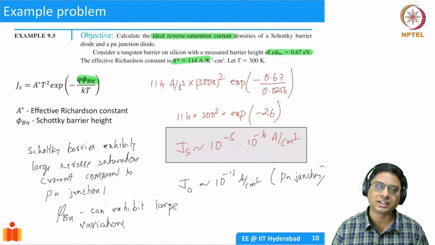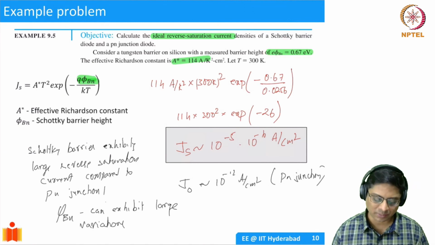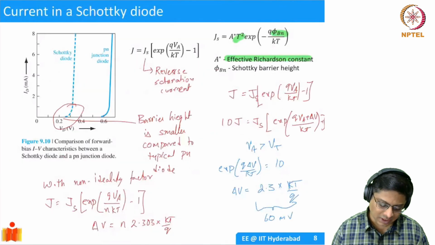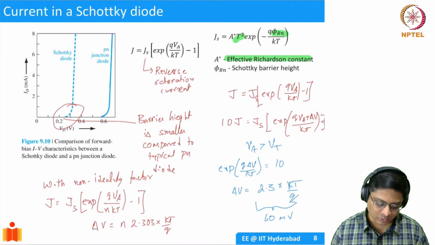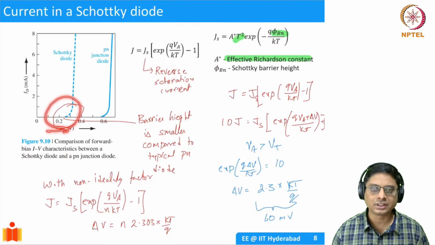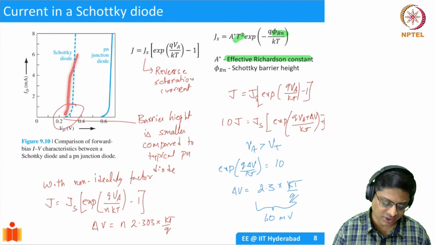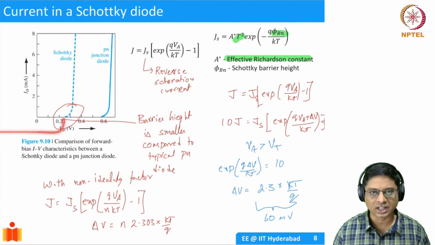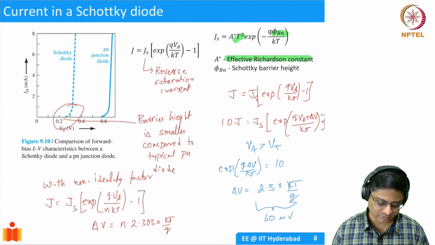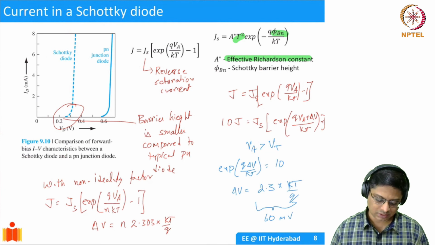It depends on the material, metal and semiconductor, what type of interface we are talking about. The voltage at which it turns on is generally much smaller, and you have a large change in the current. In the reverse saturation, you have a large saturation current compared to the PN junction.